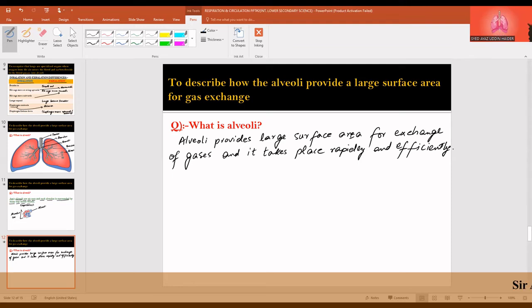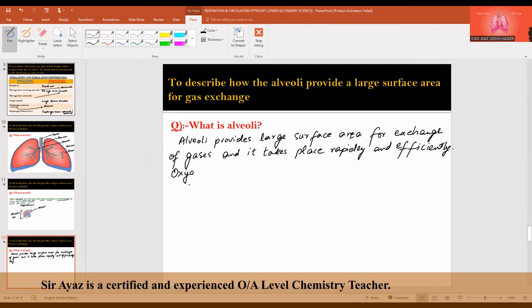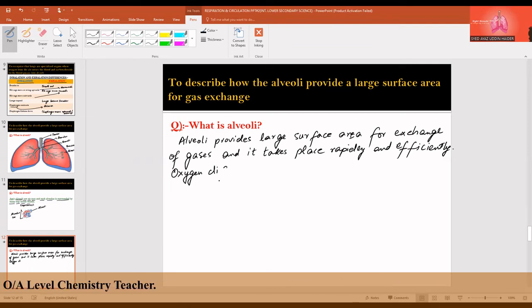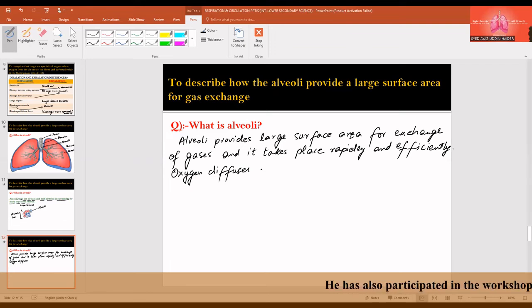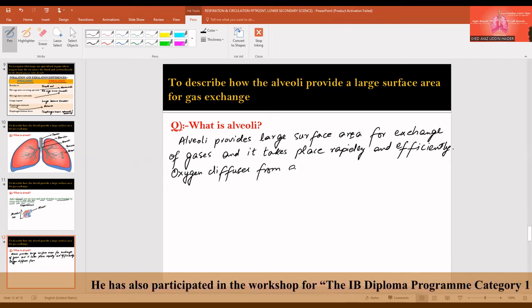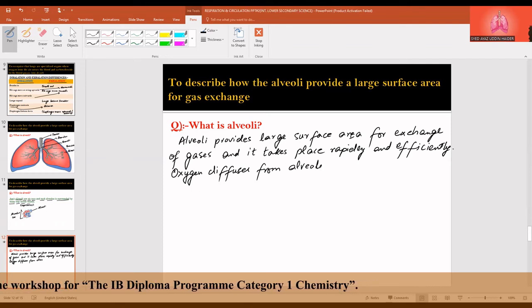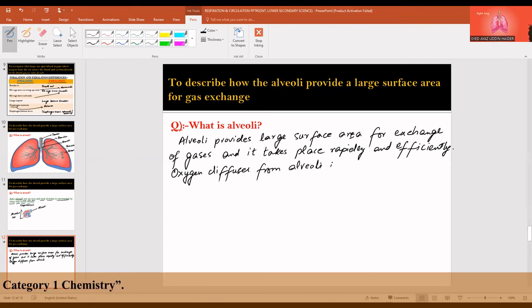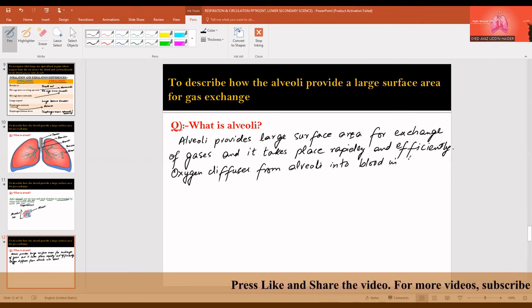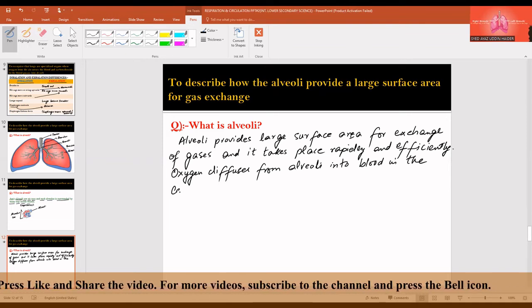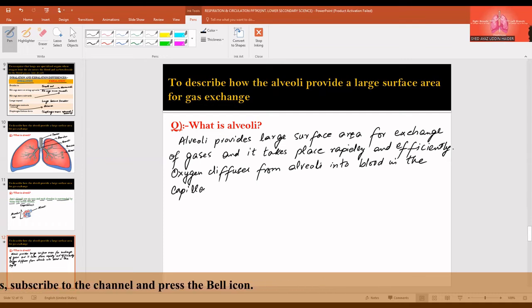Oxygen diffuses from alveoli into blood in the capillaries. Now, blood transports oxygen to the cells.